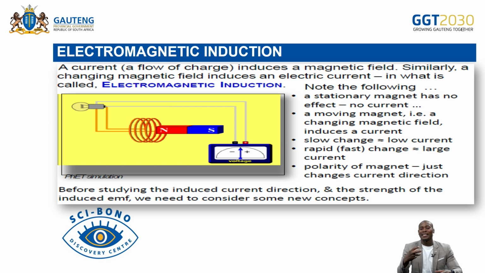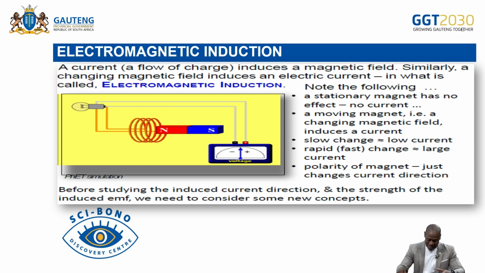So with electromagnetic induction, we are inducing current in a coil using the changing magnetic field. We are producing electric current using the changing magnetic field, and what produces the magnetic field, in this case, will be your magnet.